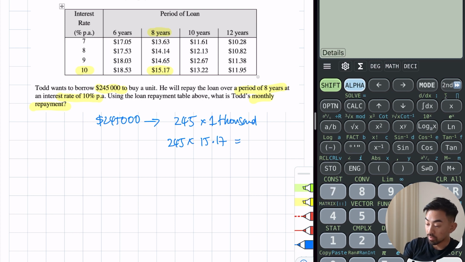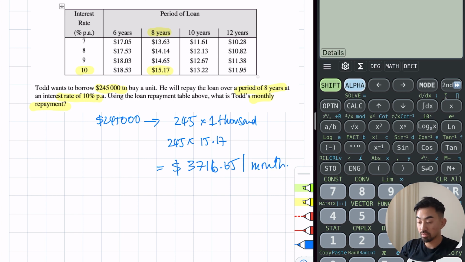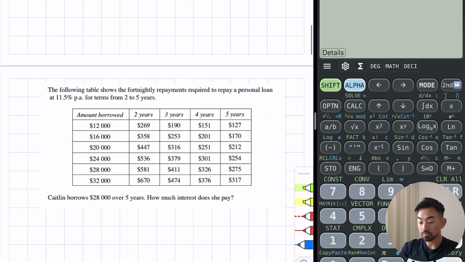So his monthly repayment is $3,716.65 per month. Okay, now we want to know his monthly repayment, so done. Nothing much to add there. Okay, let's look at the next example.